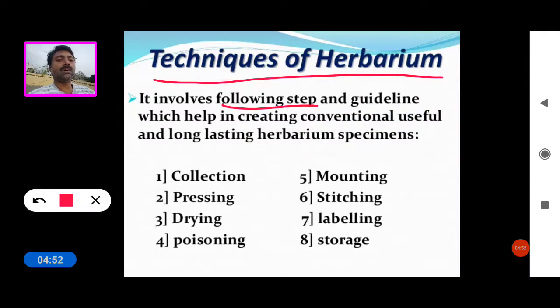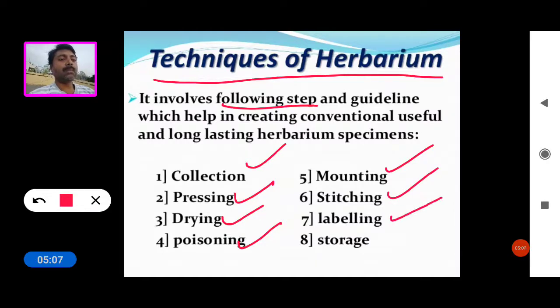First one is the collection, second is the pressing, third is the drying, fourth is the poisoning, fifth is the mounting, sixth is the stitching, seventh is the labeling, and the eighth and final one is the storage. So these are the steps involved in the preparation of herbarium. These are called herbarium techniques.